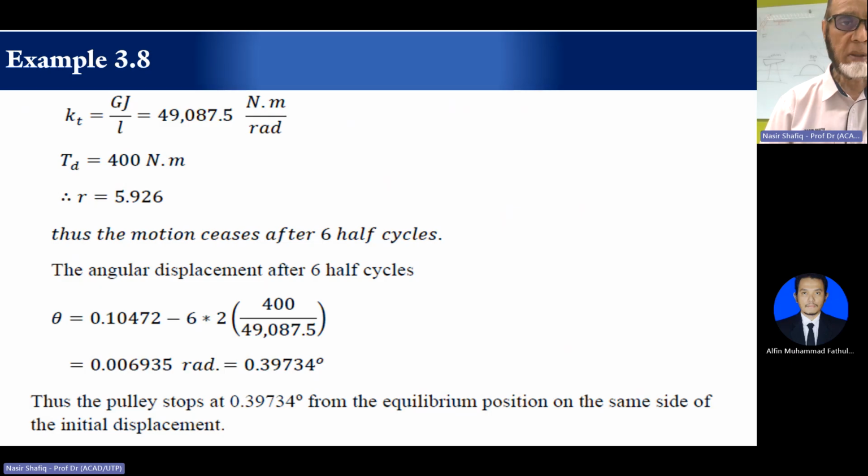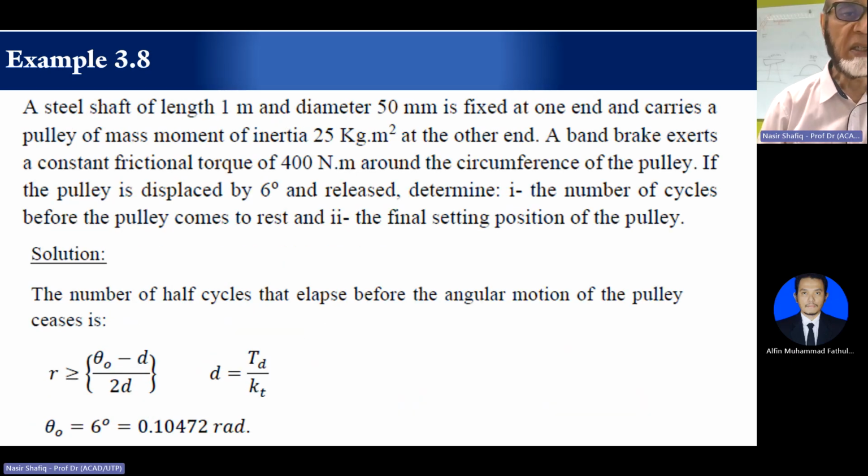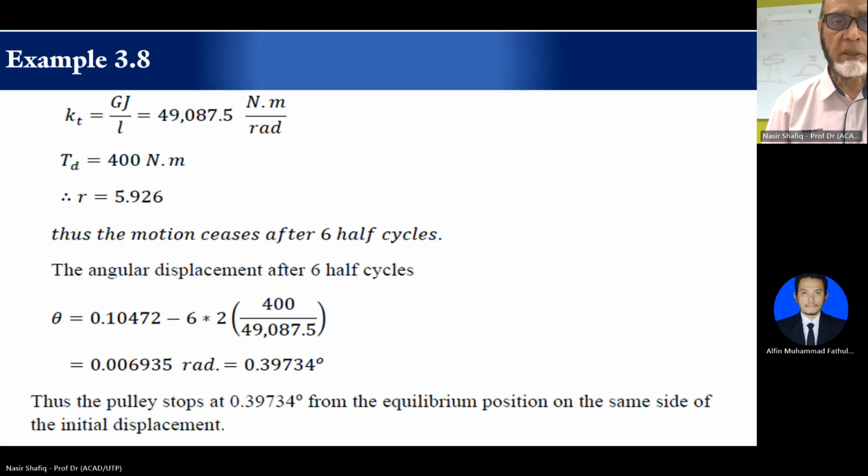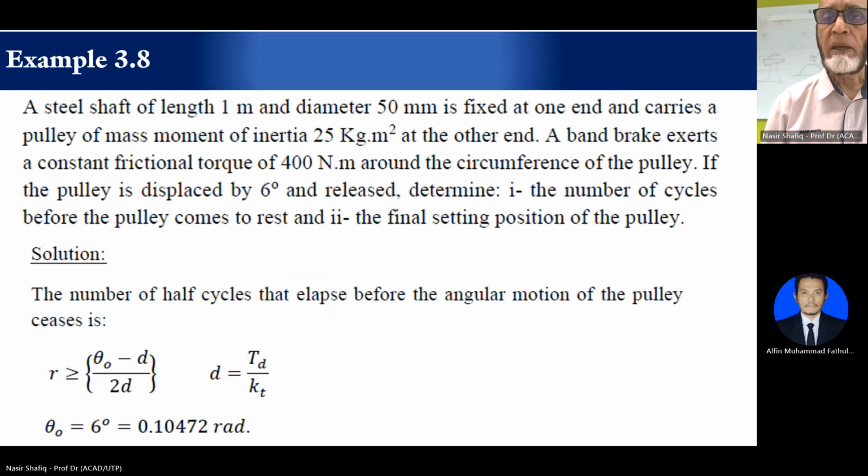Example 8, maybe I can discuss. A steel shaft of length 1 meter and diameter 50 mm is fixed at one end and carries a pulley of mass moment of inertia 25 kg meter square at the end. A band brake exerts a constant frictional torque of 400 Newton meter around the circumference of the pulley.